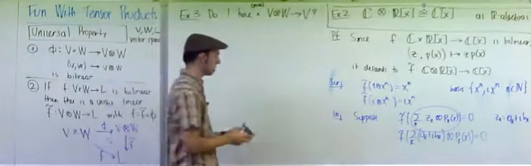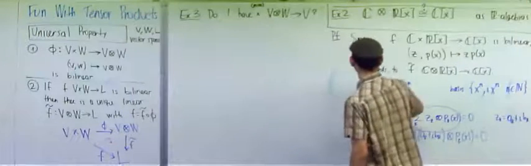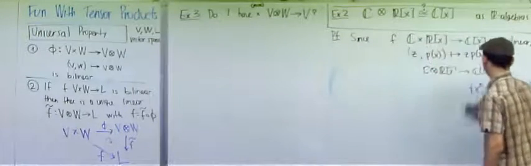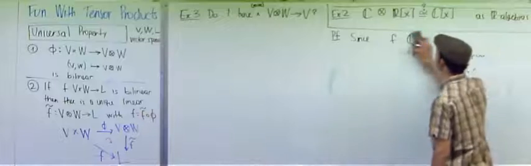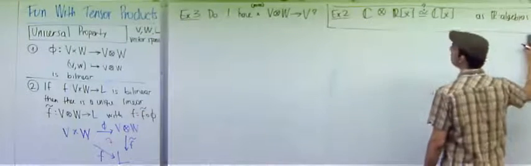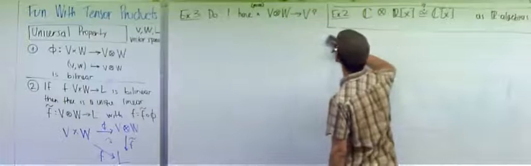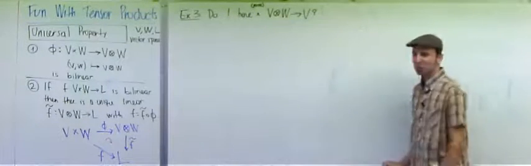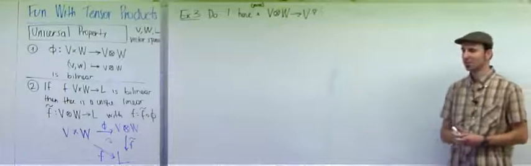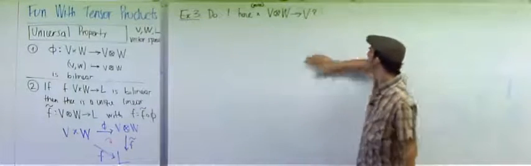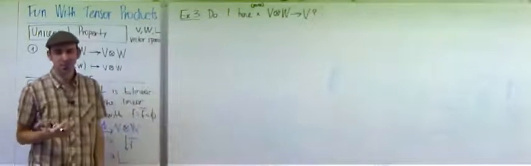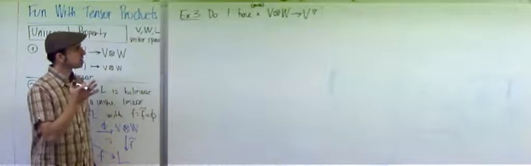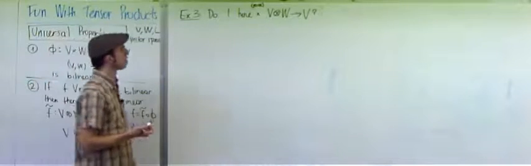Let's try to answer that question. What is the most natural map that this could be? We have a map called the projection map from V times W to V.